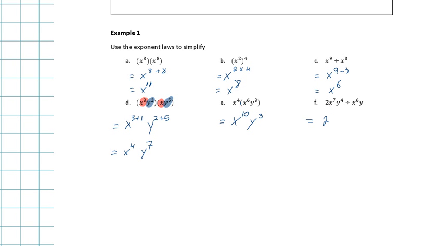I have to subtract the exponent, and that will become 7 minus 6, which is 1. Then the y, I have y to the power of 4 divided by y. So I subtract the exponent. 4 minus 1 is 3. So y to the power of 3.